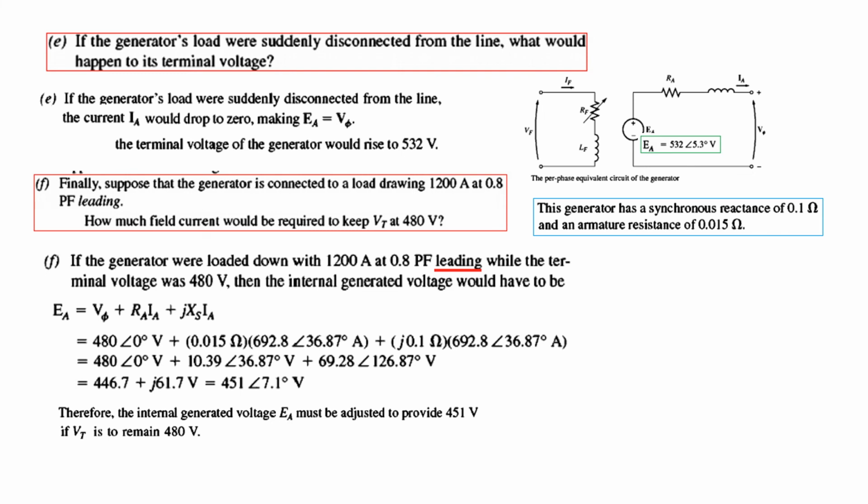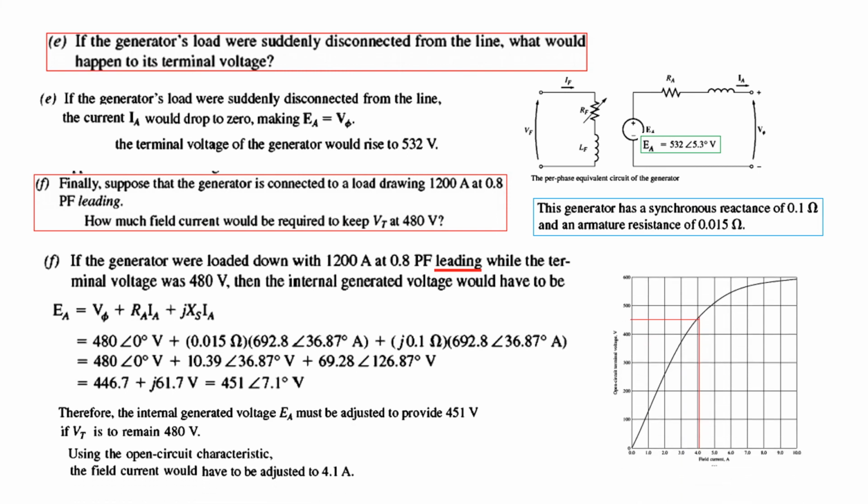And how do we generate this voltage? By adjusting the field current. We can see from this graph that for 451 volt our current would be something like 4.1 ampere. So adjusting this current to 4.1 ampere, we can generate EA of 451 volt.